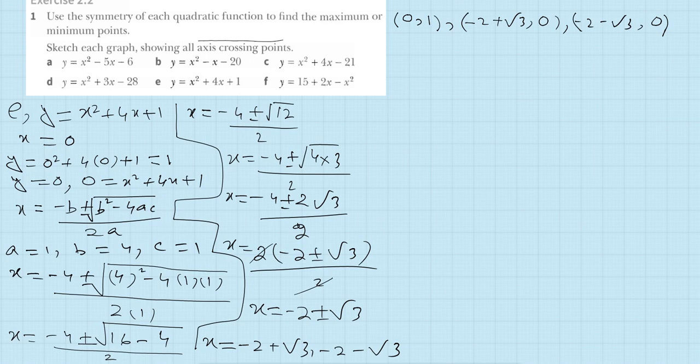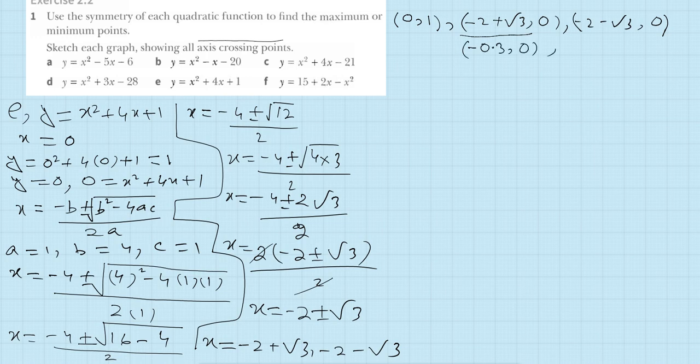But before I plot these points, first I want to give this value minus 2 plus root 3 in decimal form. The answer is minus 0.267. So I am writing over here minus 0.3, comma 0.